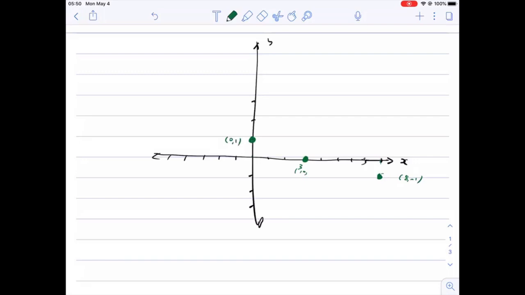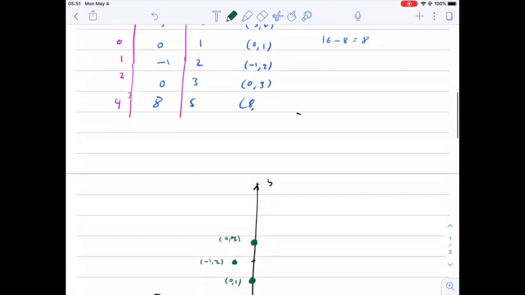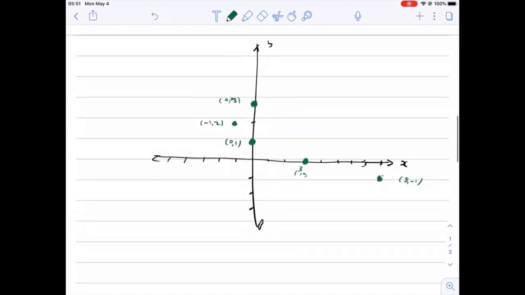Then (-1, 2), and (0, 3). And we have (8, 5), here. And then we connect these points with a curve.